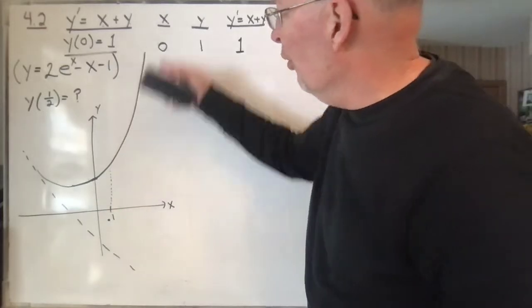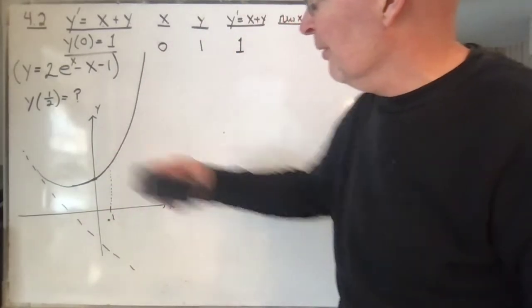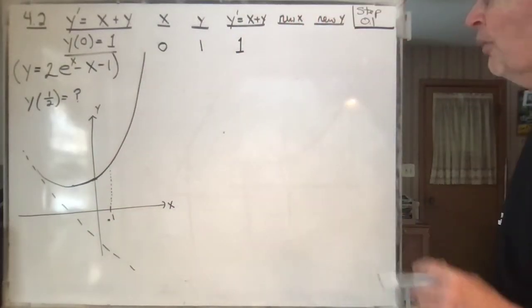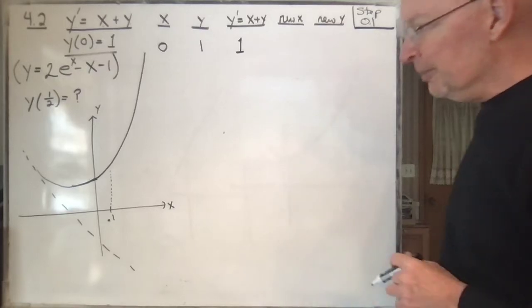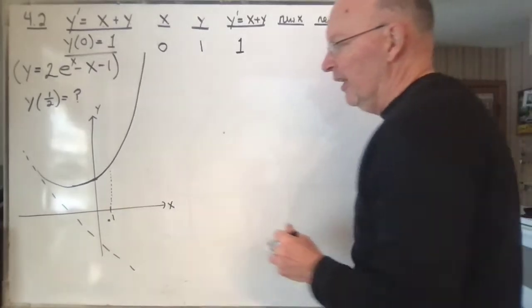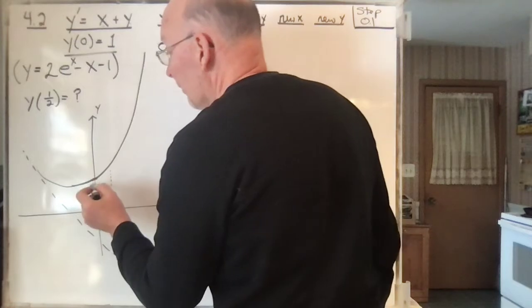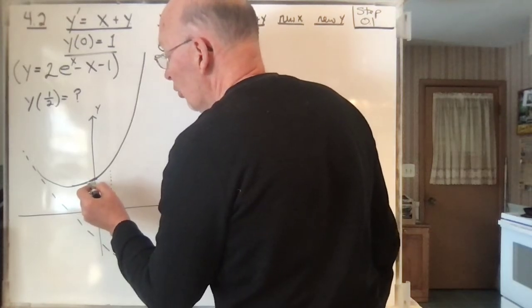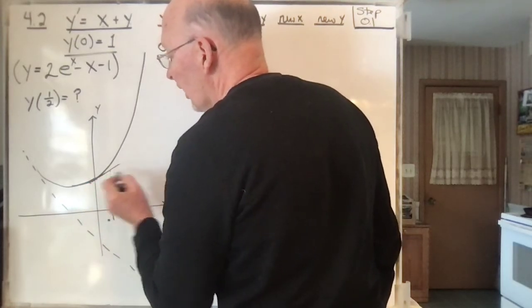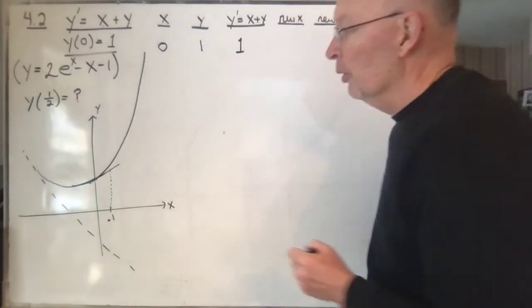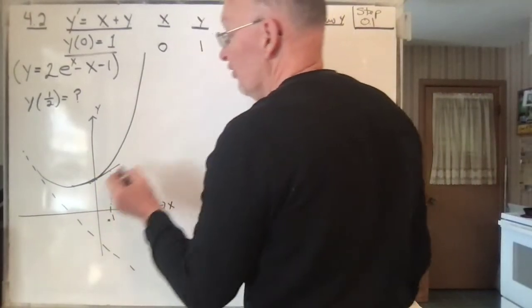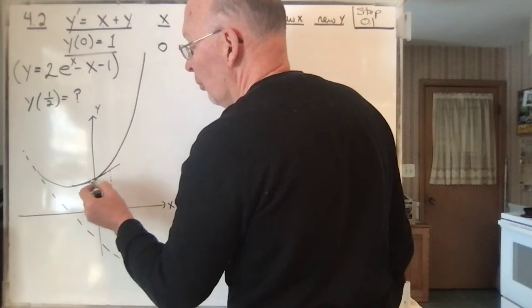We already know that the solution might look something like that, and we're just going to settle with the fact that we're going to pretend that this thing doesn't curve up, that it just continues moving with slope 1 from this point. We know the slope right here is 1. See that? The slope is 1 right there.